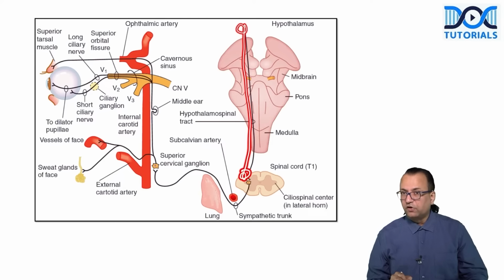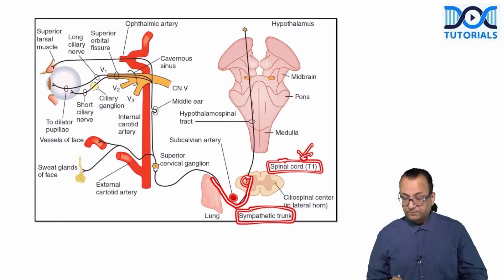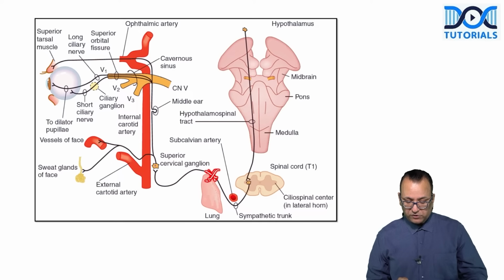What about the second order neuron? The second order neuron starts at the T1 spinal cord lateral horn cells and passes through the sympathetic chain related to the apical lung, and then goes to the superior cervical ganglion in the neck region. This is the second order neuron, the preganglionic fibers. If there is apical lung cancer, a Pancoast tumor, then the second order neuron, the preganglionic fibers, is damaged.